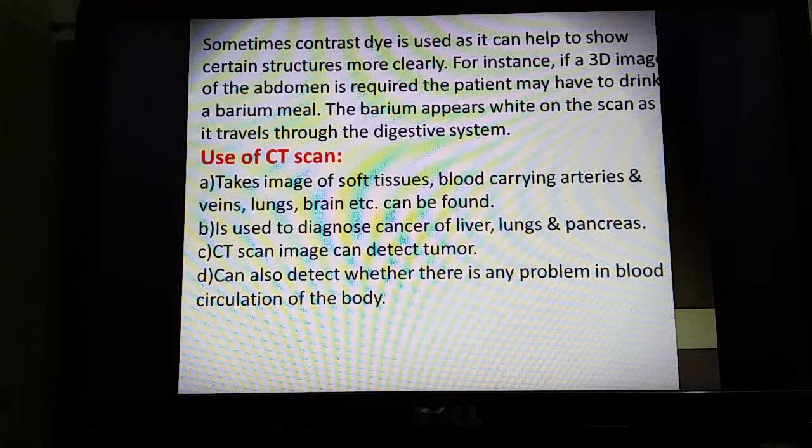So these are the common terms about the CT scan machine and its function.